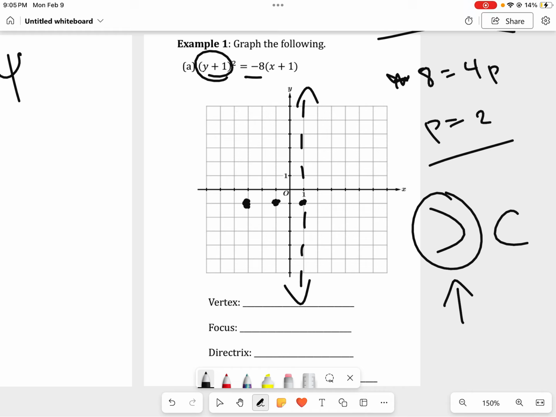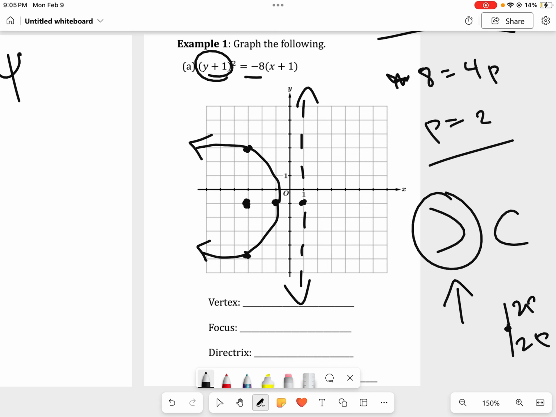We know that 4p is -8, so this right here should be -8. The focal length, if we cut it in half, is 2p, so 2p is just 4. So let's do 4 this way and 4 that way. Make sure to go through there.